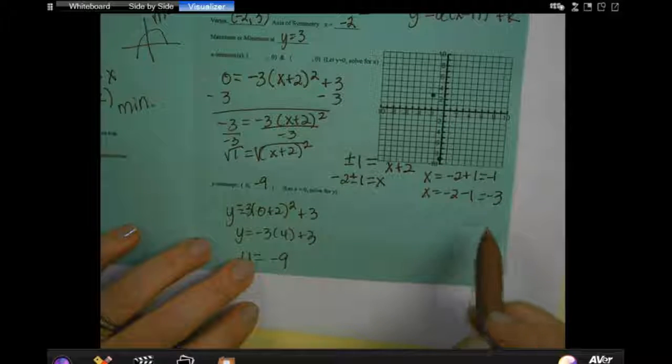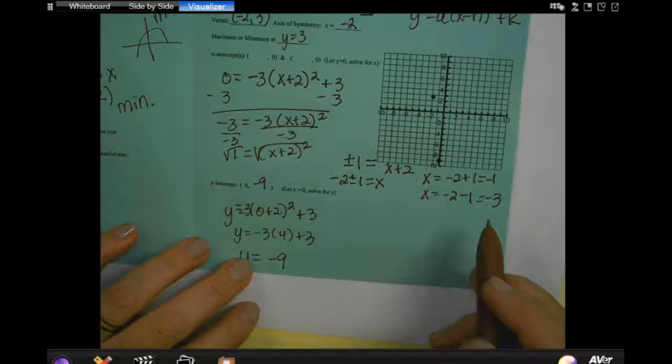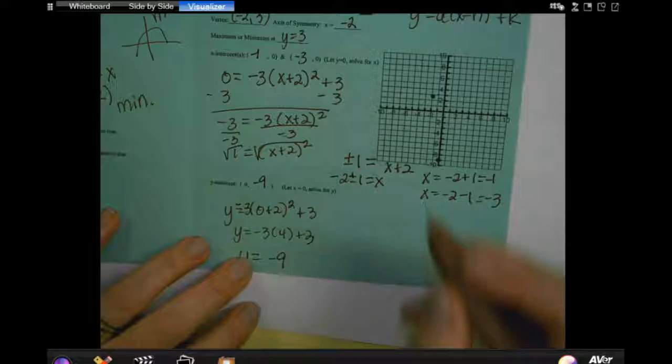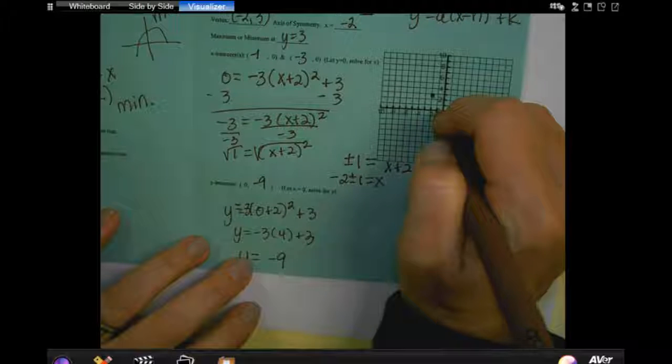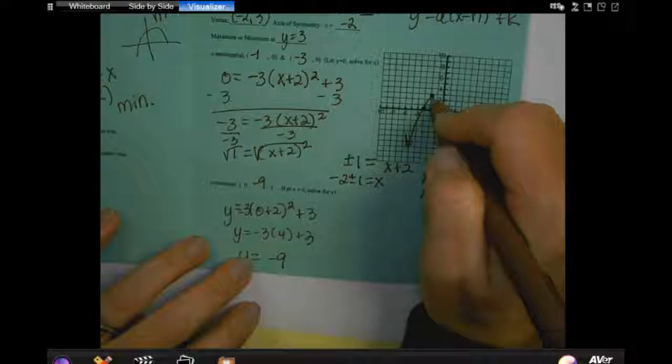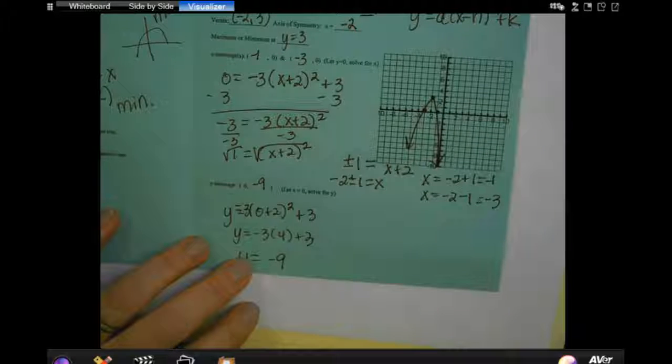And these are your x-intercepts. So I get negative 1 and negative 3. So when I put them on the graph, Carlos, I get this.